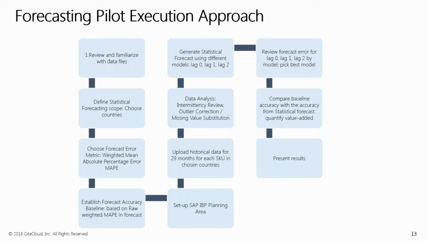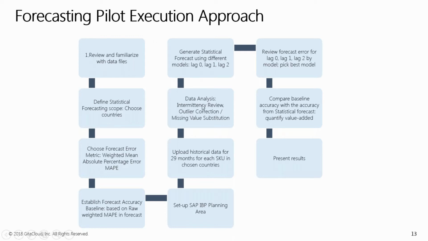Then we set up all the Dabur data in the framework of SAP IBP planning area. Following which, we uploaded the historical data for 29 months for each of the SKUs in the specific countries for which we had the data. This 29 months of data started from January 2015 to May 2017.